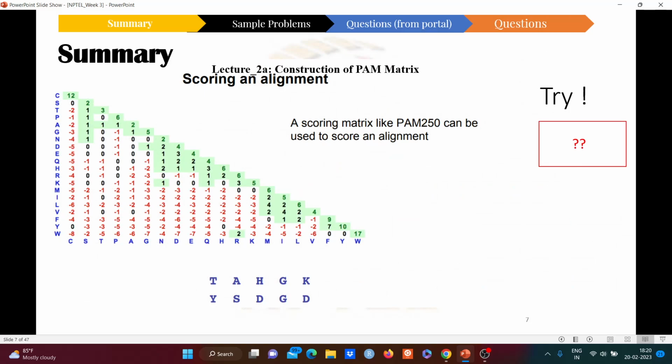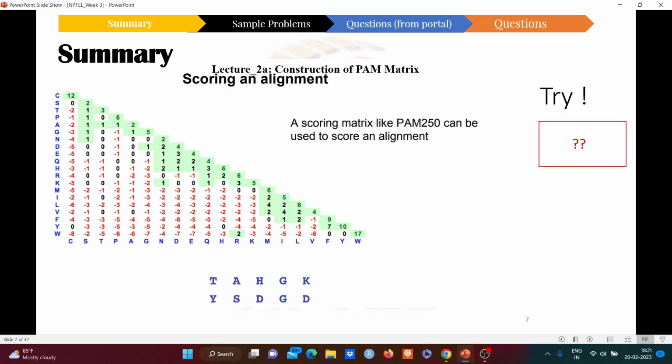So here is a task. Given the alignment here, and given that the matrix is a PAM 250 matrix, can you try to score this alignment and mention the answer in the chat box? I have given an alignment here where sequence 1 is TAHGK and sequence 2 is YSDJD, and I have given a matrix also here.